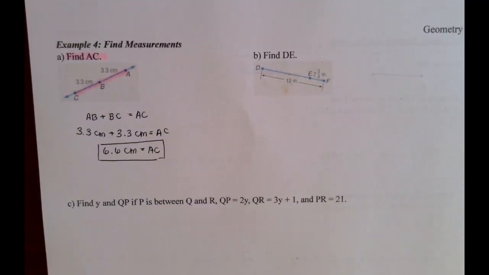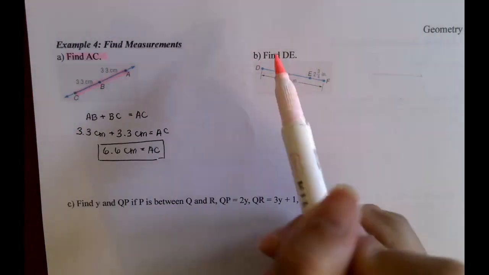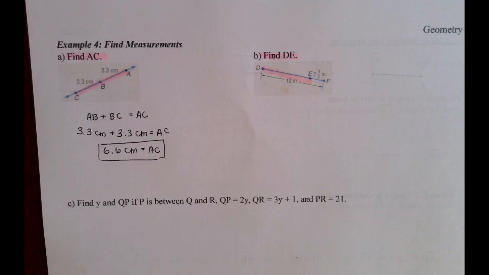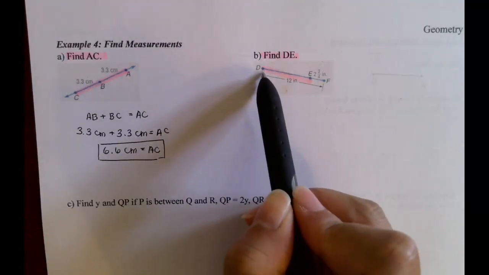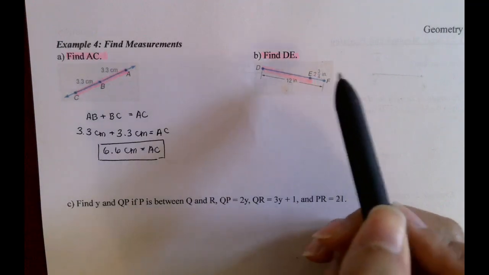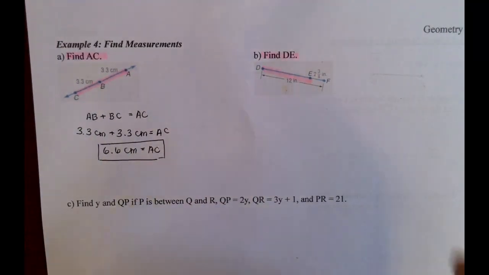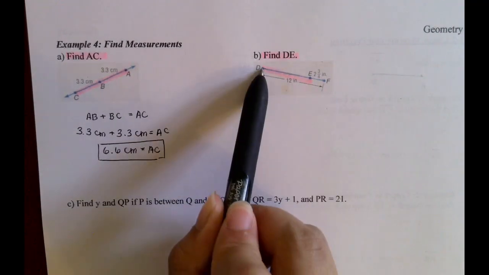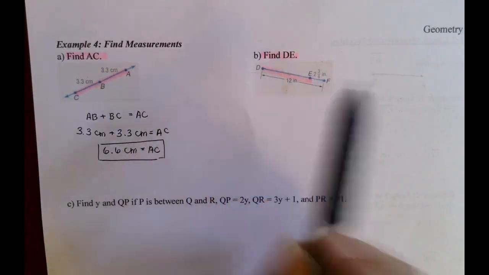Okay. The next part we want is DE. So that's from here to here. However, what we do know is DF and EF. So we know that DE plus EF here would equal this whole part of DF. Right?